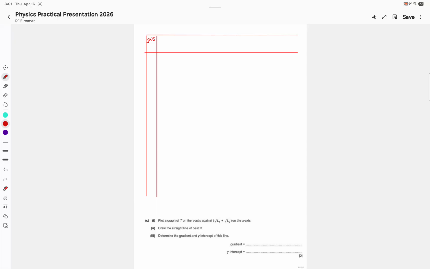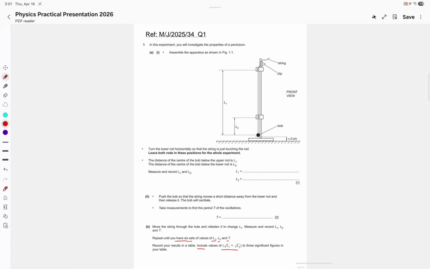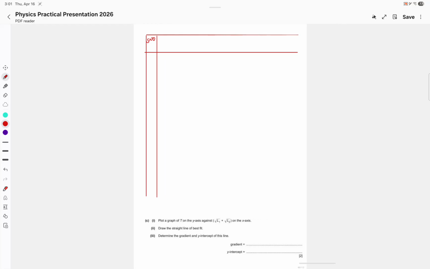According to the sequence from question number 1, first I measure L1, then I measure L2, then I measure time, right? So I will make the first column for L1, L2. Now it's capital T, which is the time period, and you know the drill for measuring times.